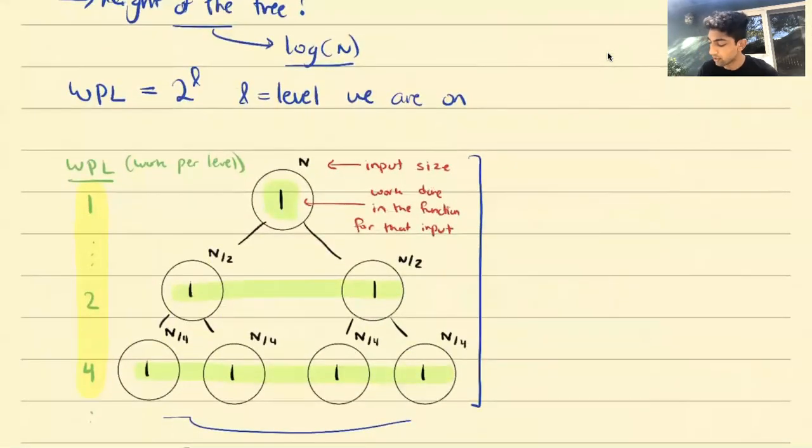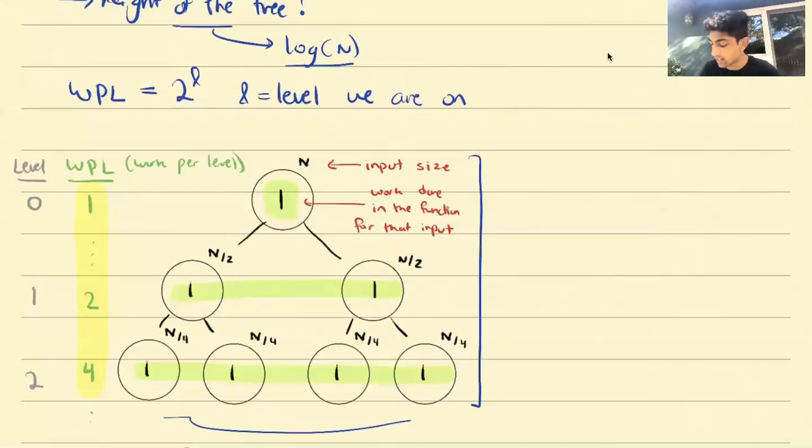Okay, so if we're thinking about the work per level, my claim is that another way of thinking about the work per level is to say that this is equal to 2 to the L, where L is the current level. Okay, so how are we classifying the levels of this tree? Let's say that this is level 0, this is level 1, and this is level 2.